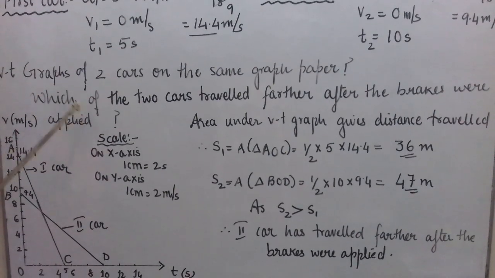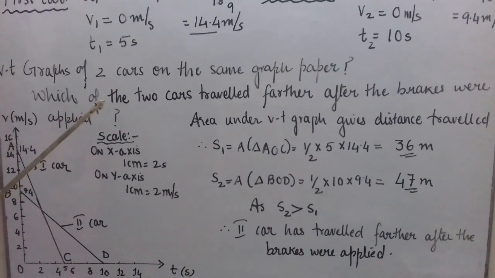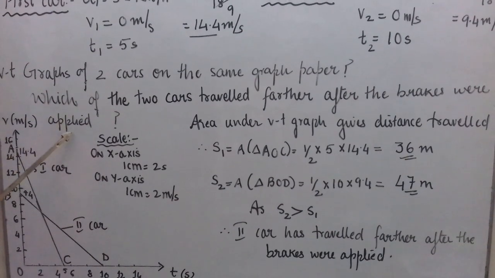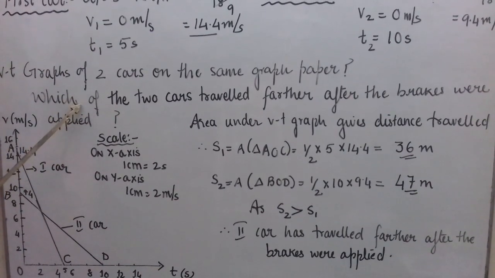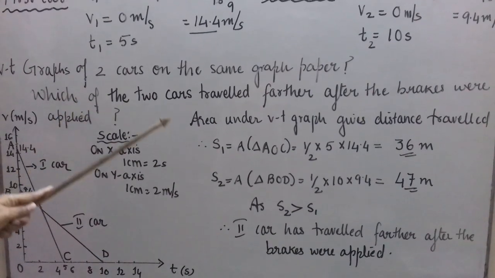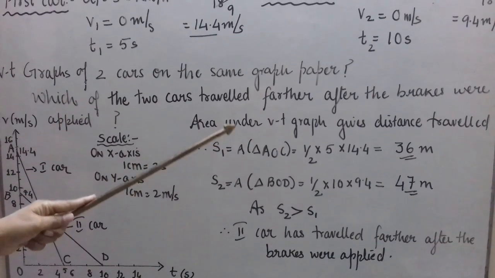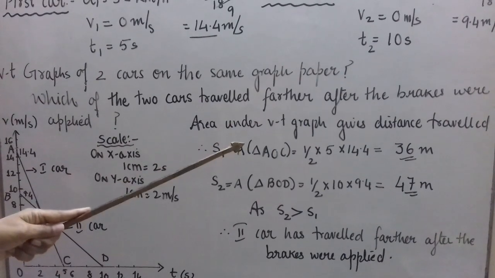Now the question is, which of the 2 cars traveled farther after the brakes were applied? In this case, we have to use the graphs to answer this question. We know that the area under the VT graph gives us the distance traveled.